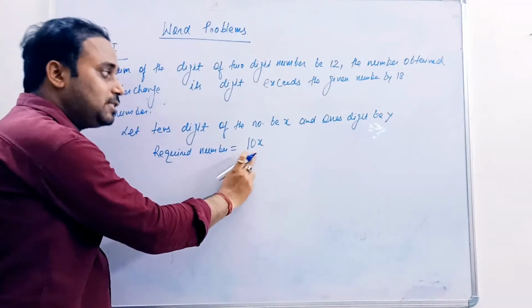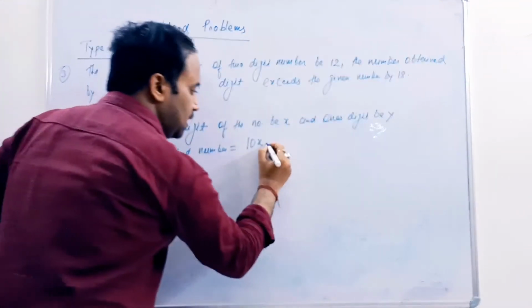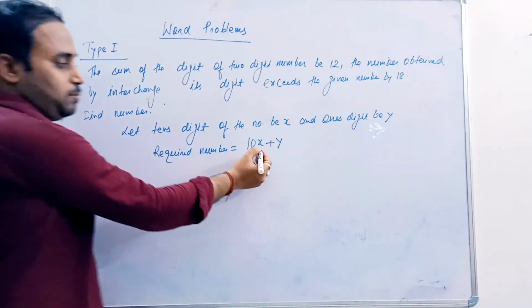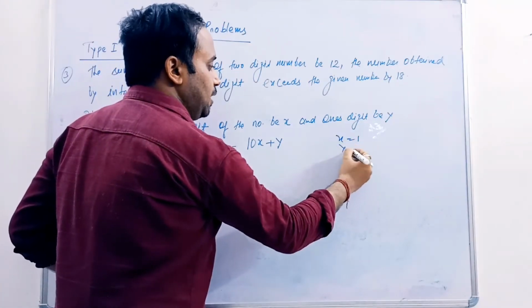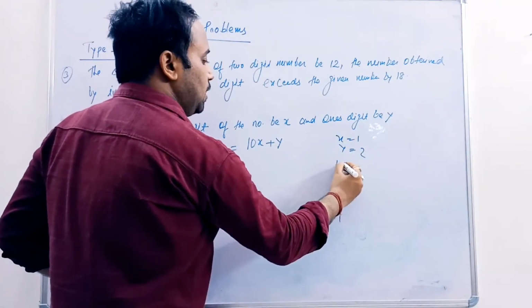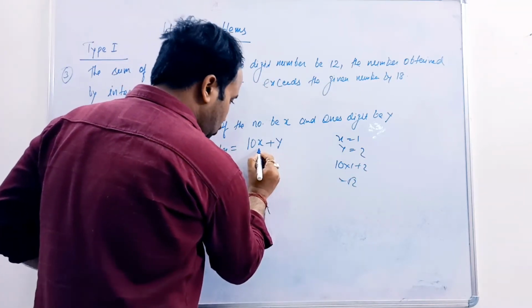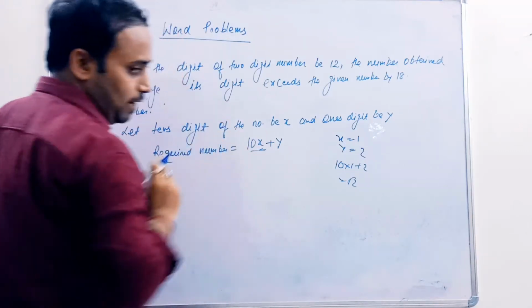Why write 10x? Because x is in the tens position, and y is in the ones position. Substitute any values: suppose x is 1 and y equals 2, then 10 into 1 plus 2 becomes 12. That's why we assume the tens position will be x and the ones position will be y.